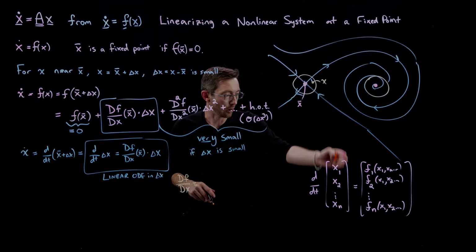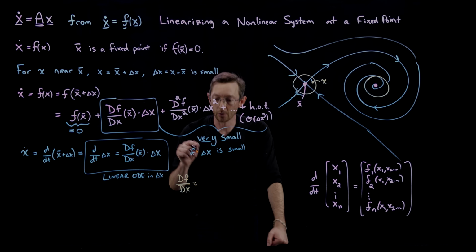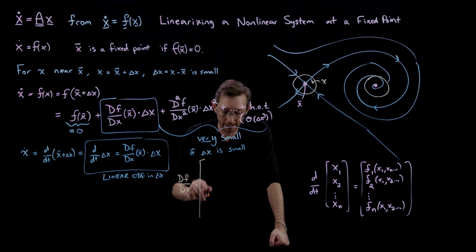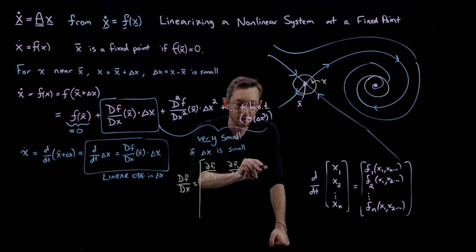So df dx for an arbitrary n degree of freedom system is going to be a matrix of partial derivatives. It is going to have partial f1 with respect to x1, partial f1 with respect to x2, dot, dot, dot, partial f1 with respect to xn. Okay, that's the first row.